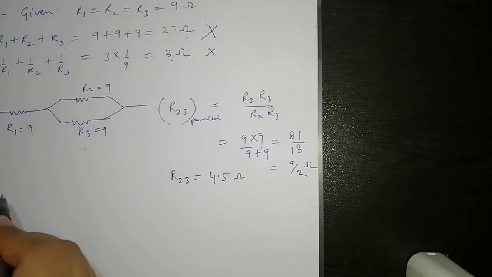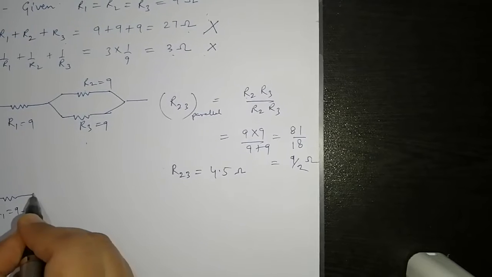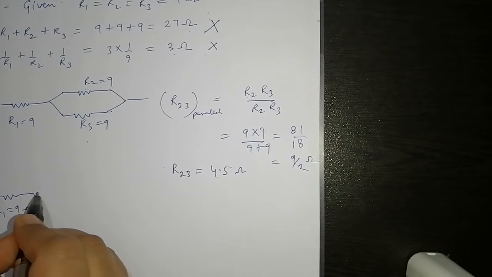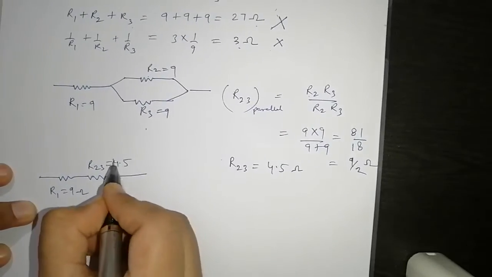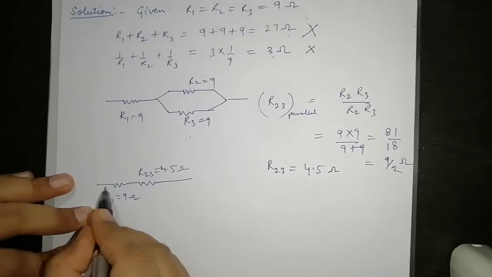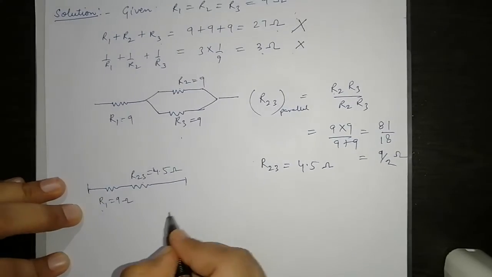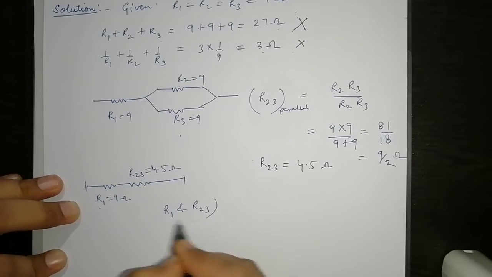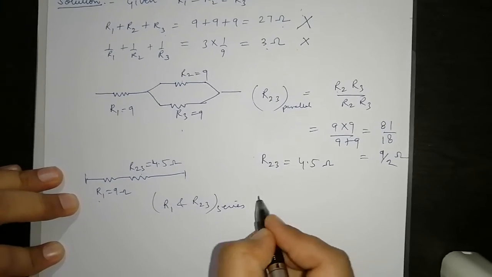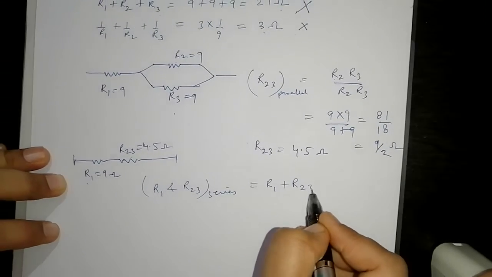Now you see students, here we will have R1, that is 9 ohm, and R23, which is equal to 4.5 ohm. So now R1 and R23 are in series, right? It means the equivalent resistance is equal to R1 plus R23.